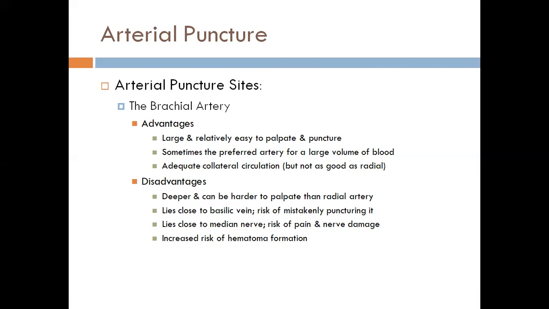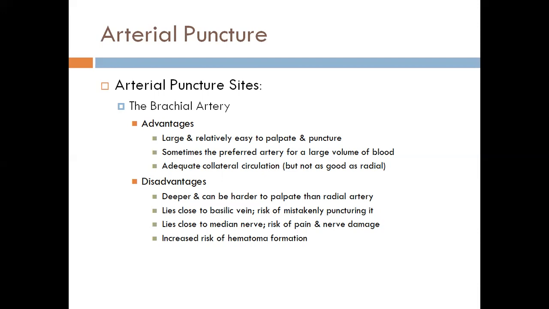Pagka kasi ABG, it's only 1 to 1.5 ml. But more than that, okay, it's best to use the brachial artery over the other side in performing arterial puncture. Okay, and then next there is adequate collateral circulation of your brachial artery, but not as good as the radial.